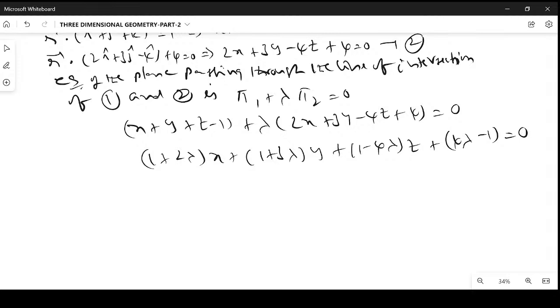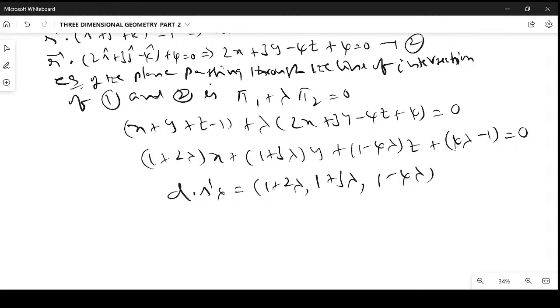So this is the plane parallel to the x-axis. What are the drs of its normal? The drs will be 1 plus 2 lambda, 1 plus 3 lambda and 1 minus 4 lambda.